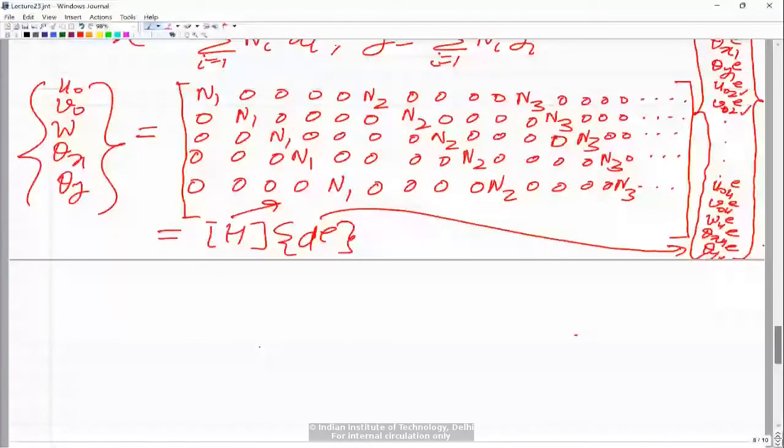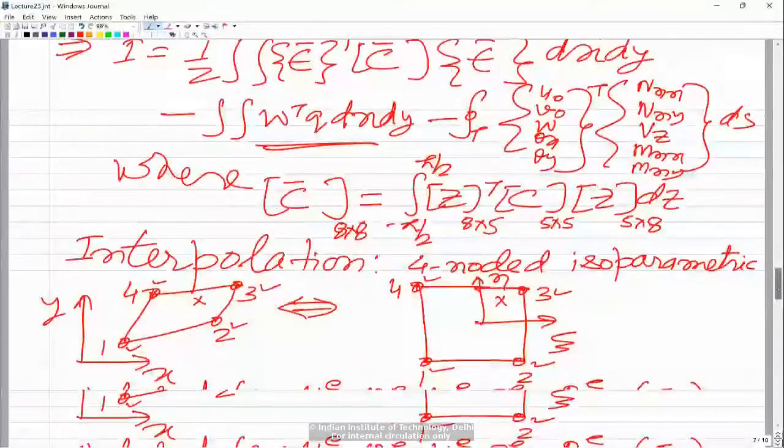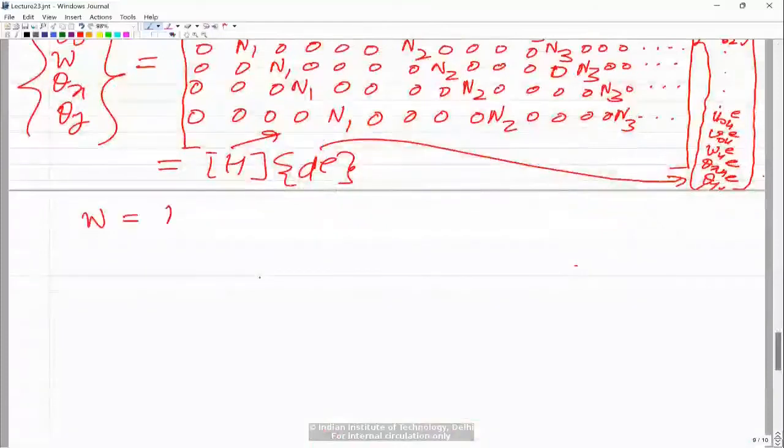Because explicitly we have W separately in the total potential energy functional, as you have seen. So if you see the total potential energy functional over here, because of this term we have W separately. So let me also write a notation for the W interpolation. So W can be written as involving W1, W2, W3, which are at the third location, eighth location, and so on.